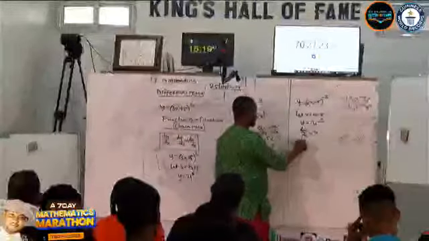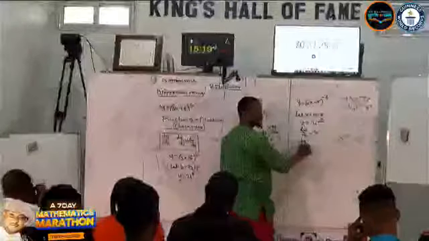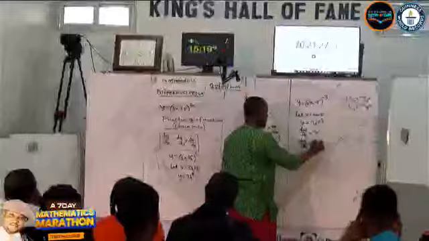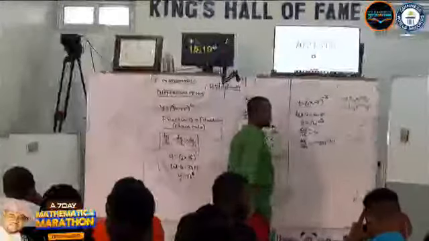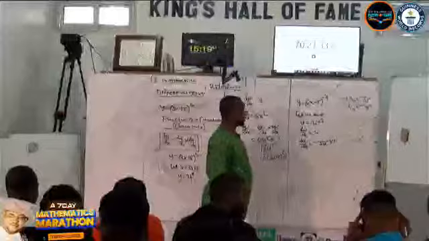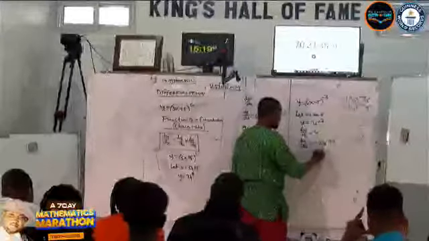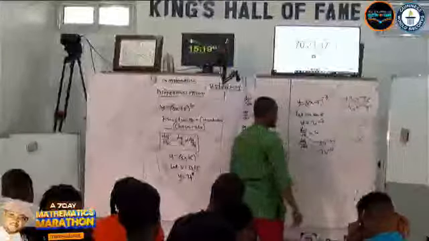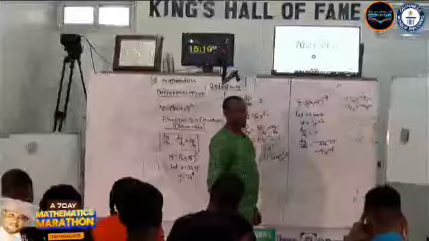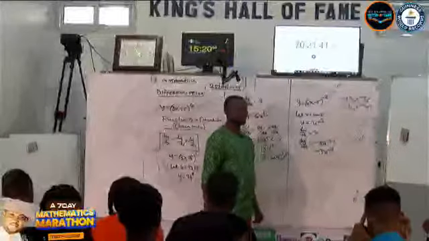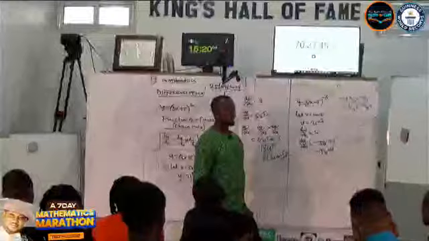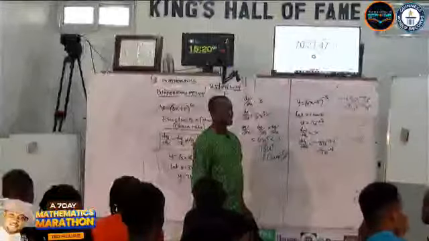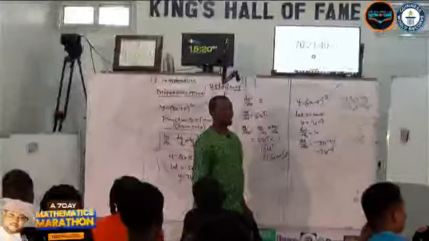What's dy/du? Minus 3u to the power of minus 3 minus 1. Is that true? Then that will be minus 3u to the power of minus 4. Is that correct?